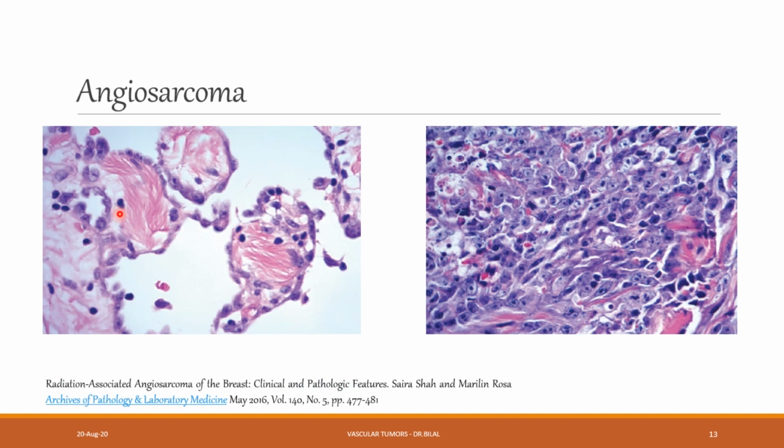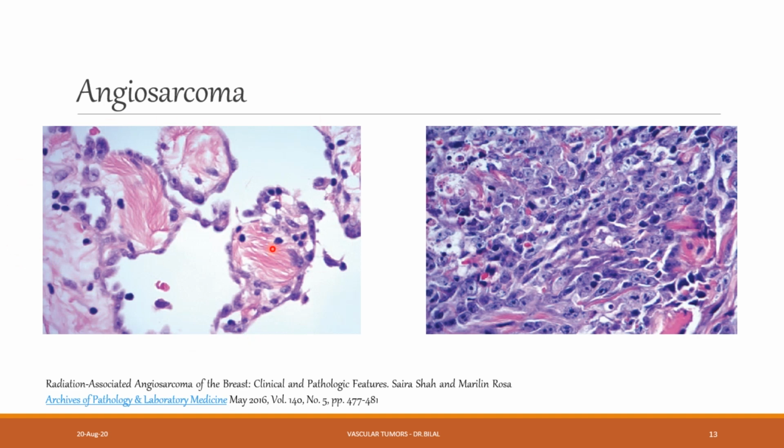What's the histological picture? These are different interconnected vascular channels, as you can see here, lined by endothelial cells which show marked atypia. Okay, this is not like a lobular capillary hemangioma or a cavernous hemangioma or a lymphangioma.